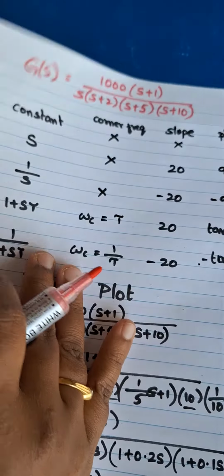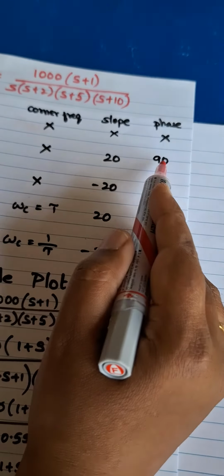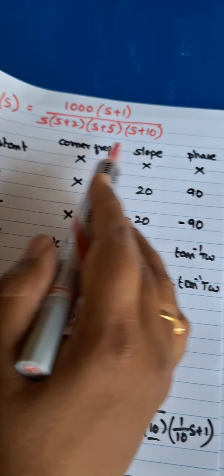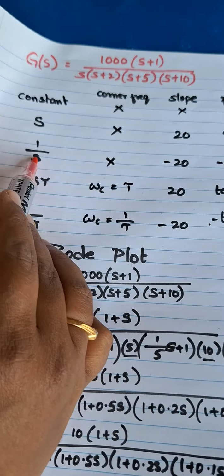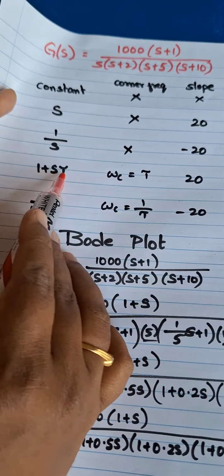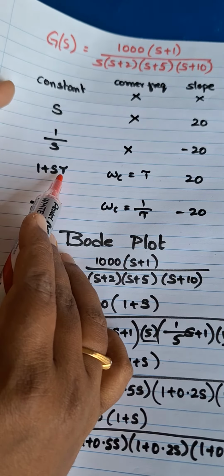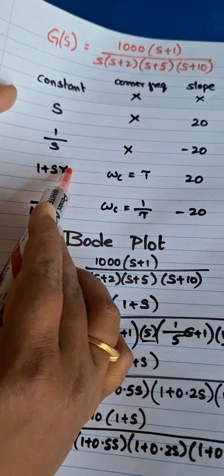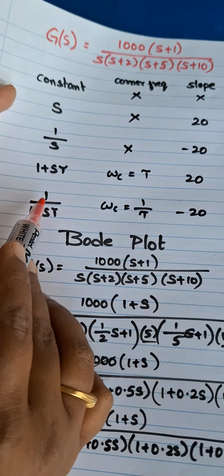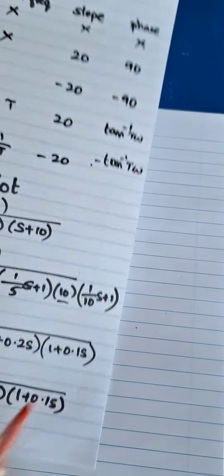According to phase, S means 90. Constant, there is no phase. 1 by S is minus 90. 1 plus ST is minus tan inverse tau omega, where tau means coefficient of omega. If it is in the denominator, it will be minus tan inverse tau omega, right? By using the same thing, we are going to do the problem.